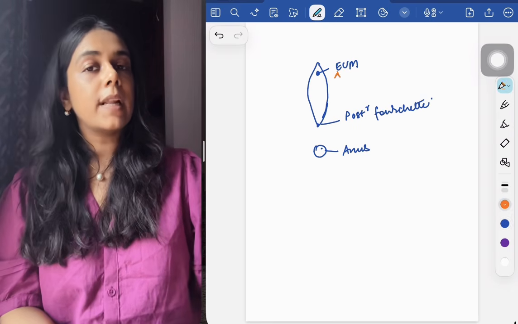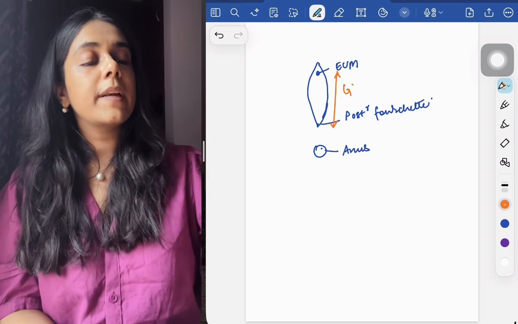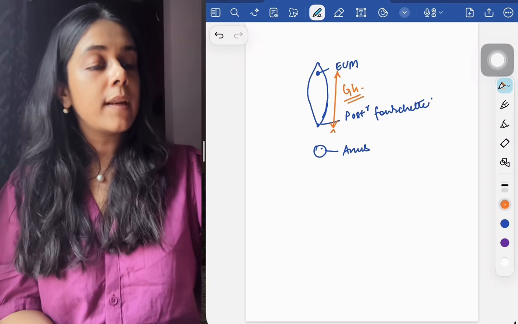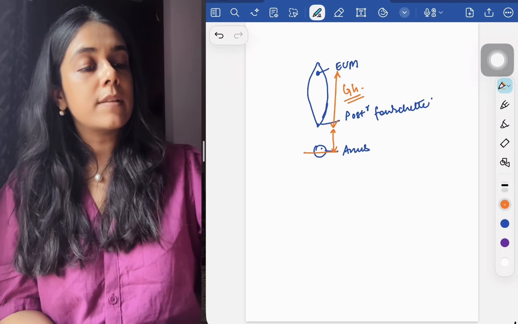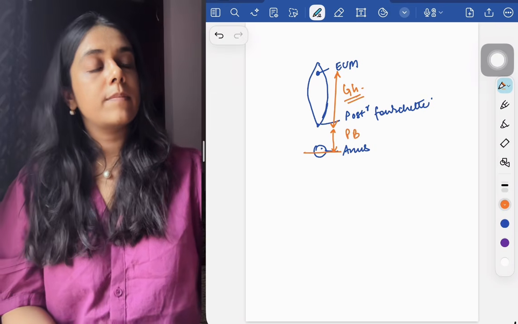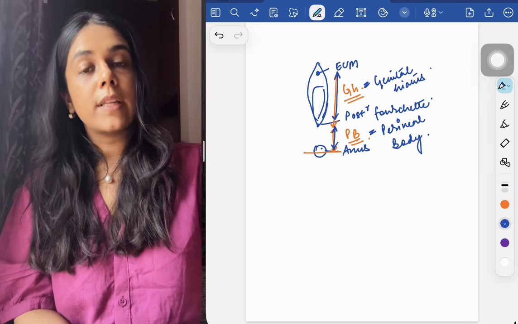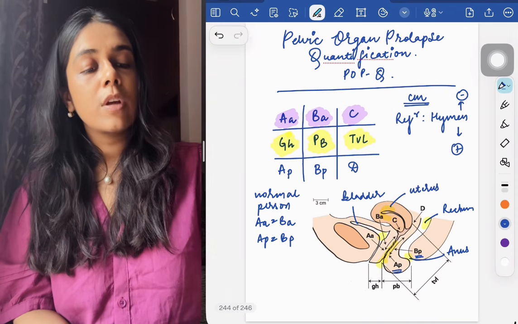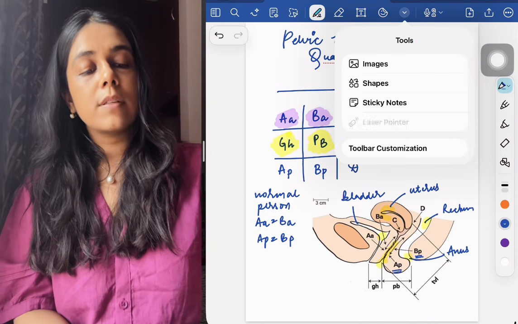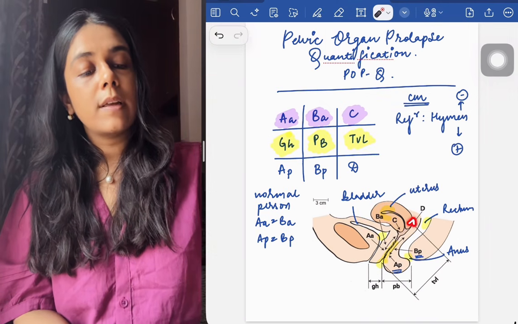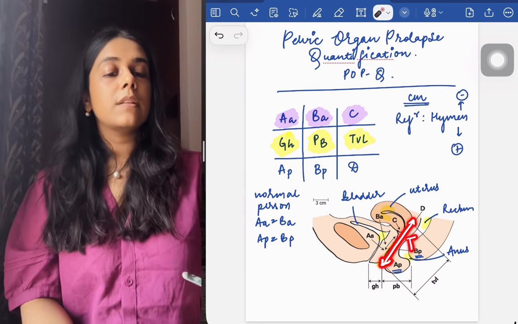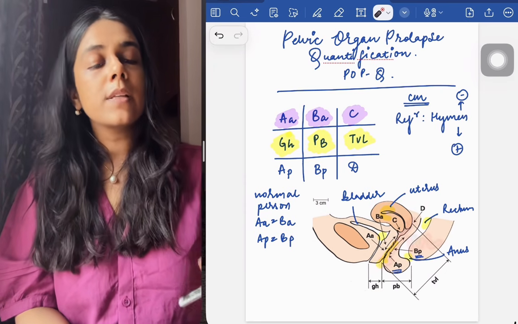This length is the genital hiatus. From the posterior midline hymen to the mid-anal point, this part is the perineal body. Last point is the total vaginal length, which we measure from the posterior fornix. So measuring it from here, this is going to be the total vaginal length. So these are the 3 other points that come in the middle segment of this grid.